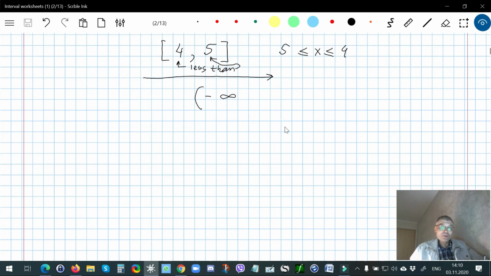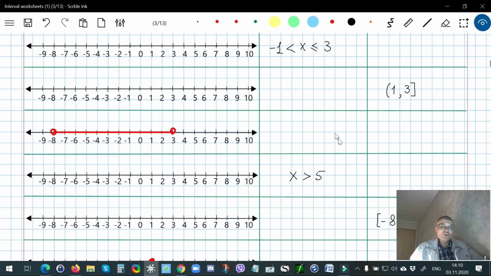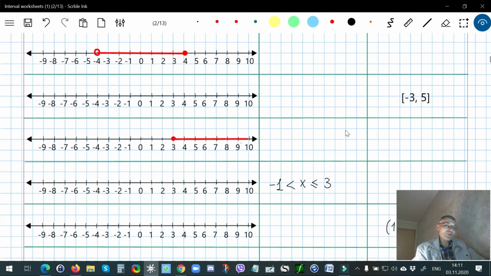Here they go. Just a second, my software waits. Here. So doing this at home, for example, this is written in set builder notation. You have to write interval notation here, and to draw it.